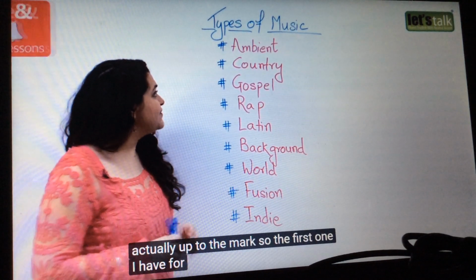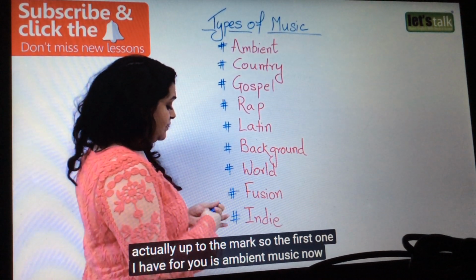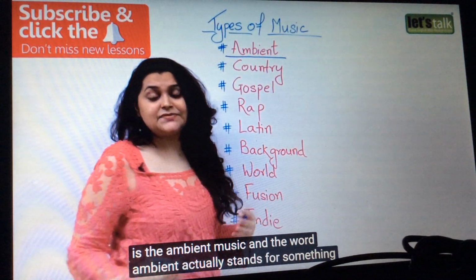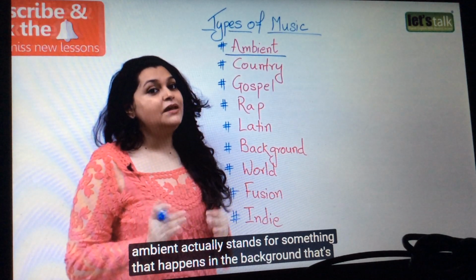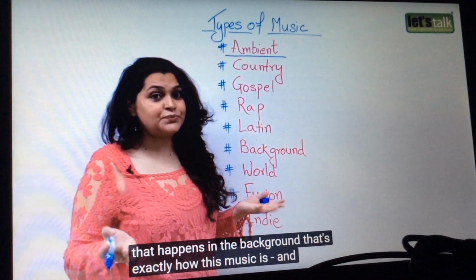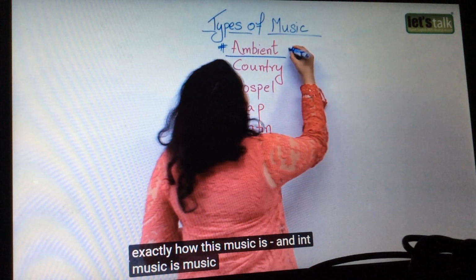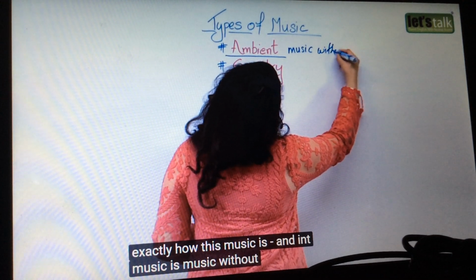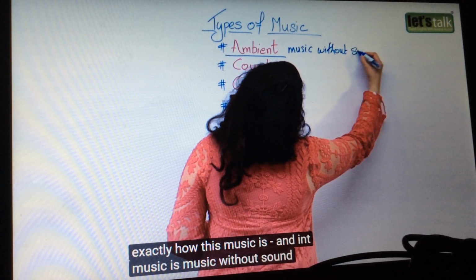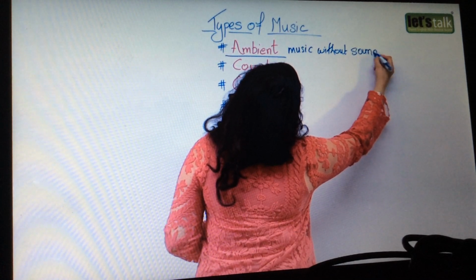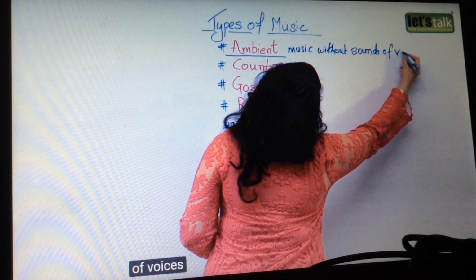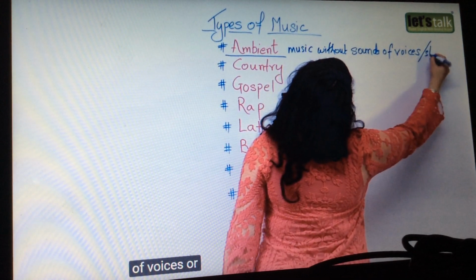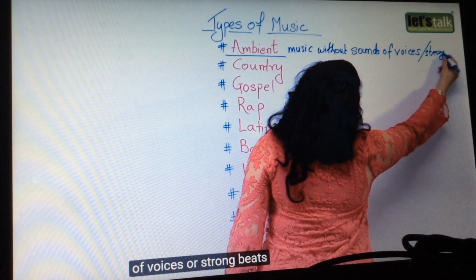So the first one I have for you is ambient music. Now what is ambient music? Now the word ambient actually stands for something that happens in the background. Now that's exactly how this music is too. Ambient music is music without sounds of voices or strong beats.